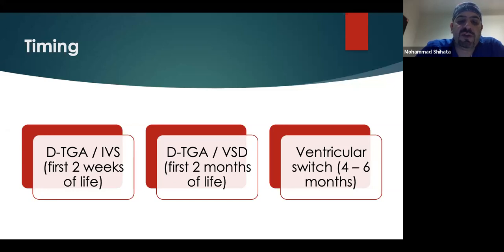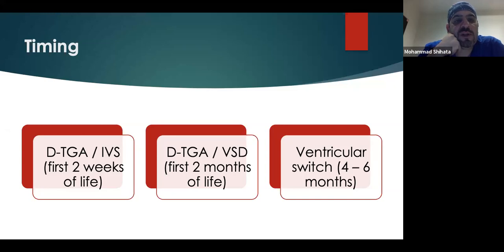If there is an associated VSD, then probably you can delay the initial repair for up to 2 months of life, but not much later than that because these patients are at an accelerated risk of developing pulmonary vascular disease. Usually, if it's just a VSD with overcirculation, that takes longer to develop.